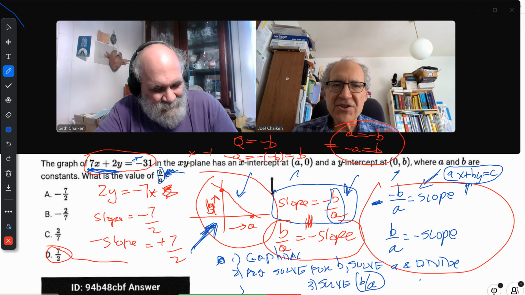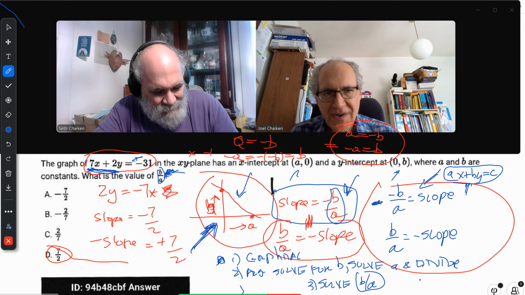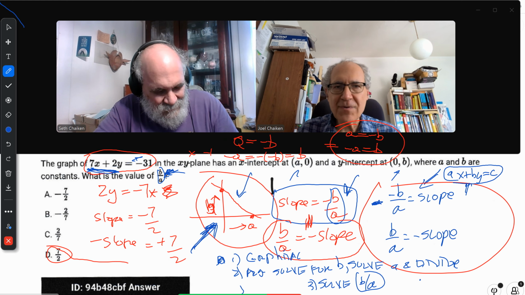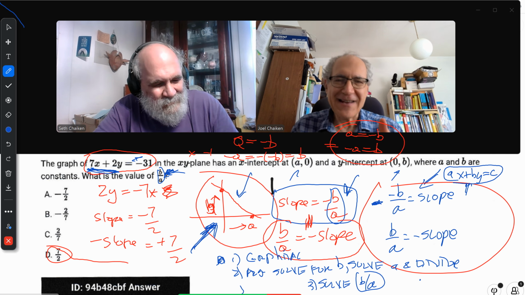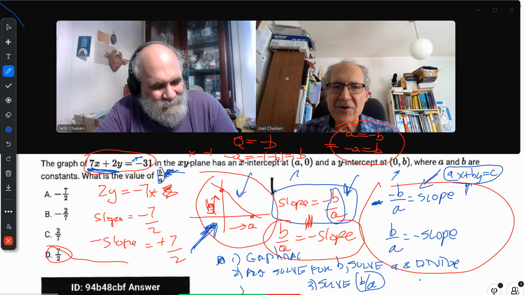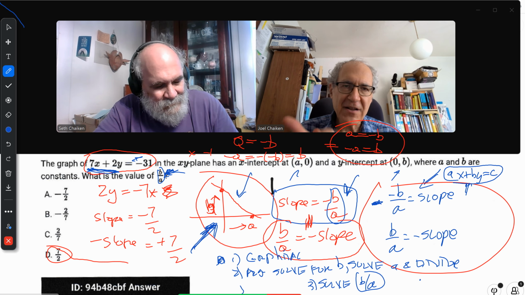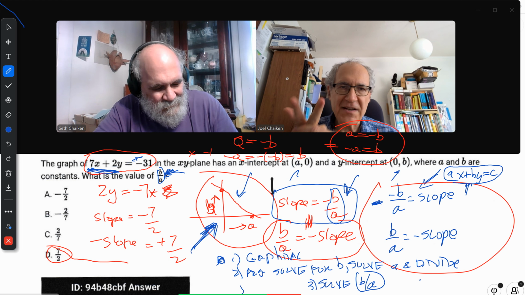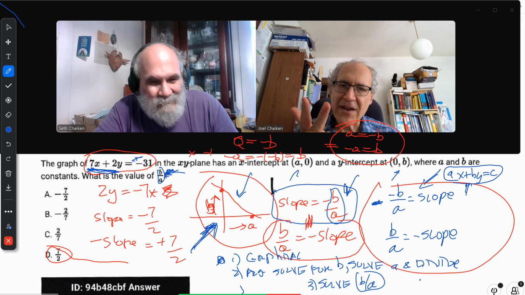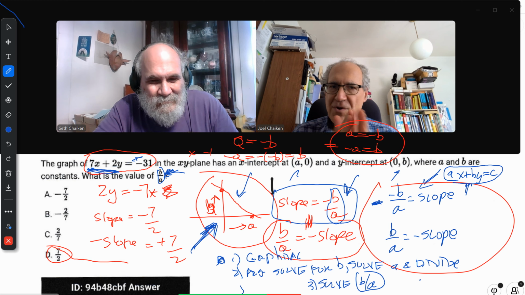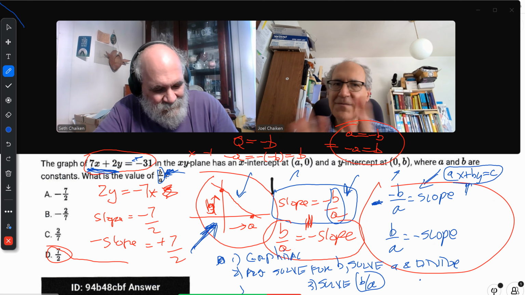Very useful. Please train yourself to switch and be fluent in these three, what I sort of call languages. They're not really languages, but ways of viewing algebraic equations: algebraically, graphically, and using a table. Tables don't come up that often, but try to recognize that there are these three different ways of thinking, and in some problems one way is better than the other.